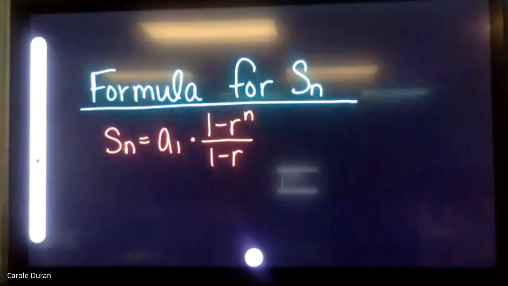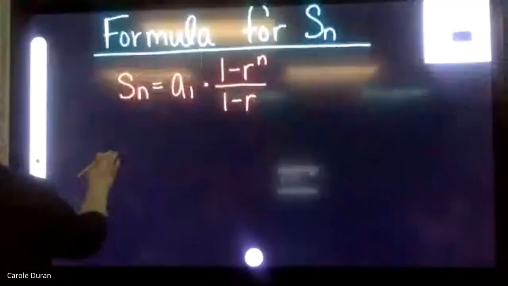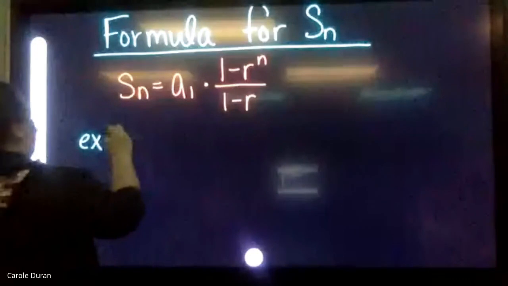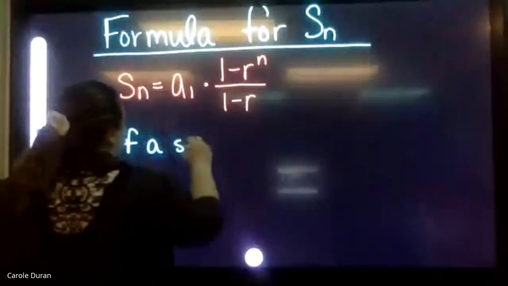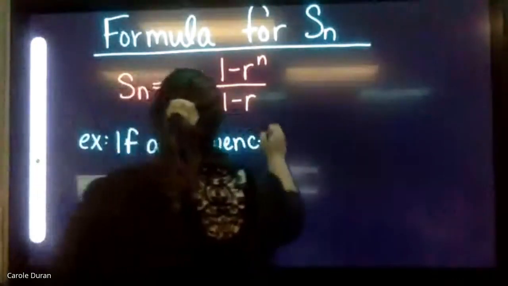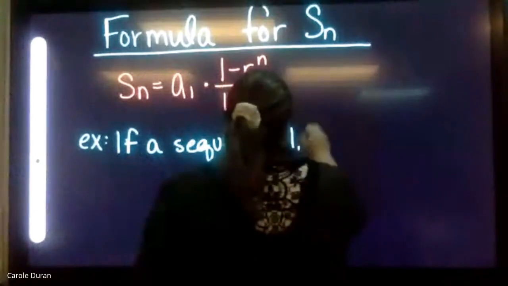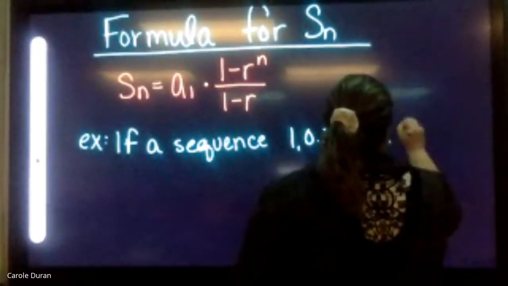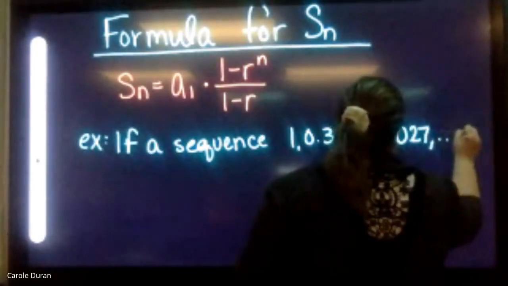Okay, so the example I would like to do for partial sums of a geometric sequence says that we have a sequence. The sequence is given to us in decimals, which means the rest of the computation for us is fine as well. And my sequence is 1, 0.3, 0.09, 0.027, and so on.